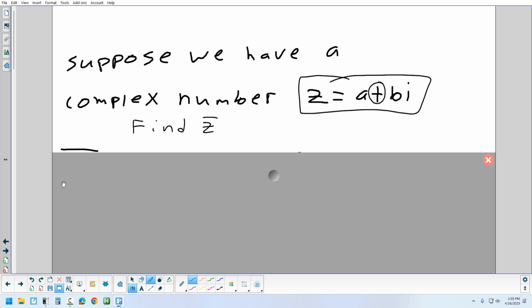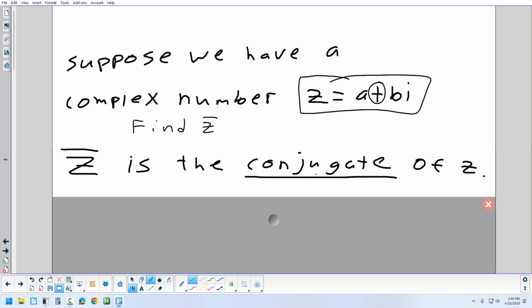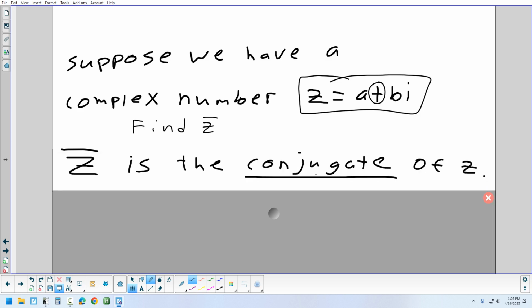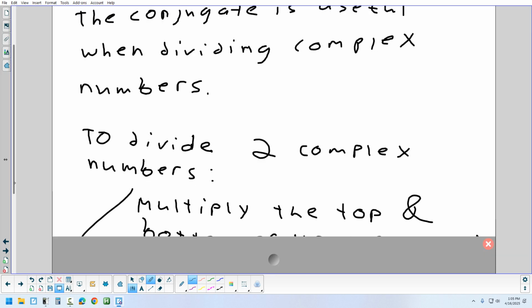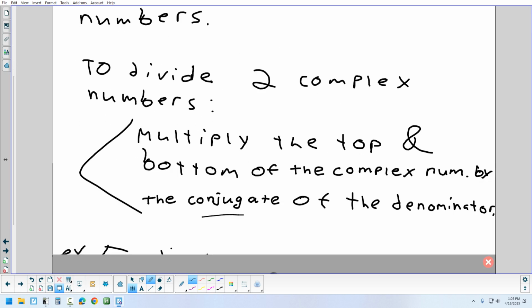So Z represents a complex number. Let's call it 5 plus 2i. It just represents a complex number. Z, we already talked about what i was yesterday. So Z with a bar on top of it represents the conjugate of your number. When we do division, you are going to have to know what the conjugate is.